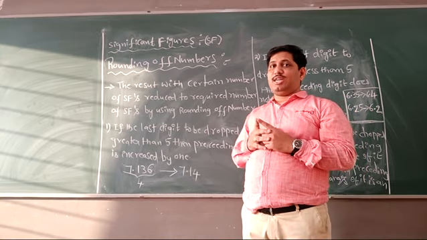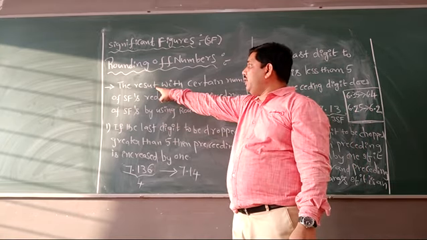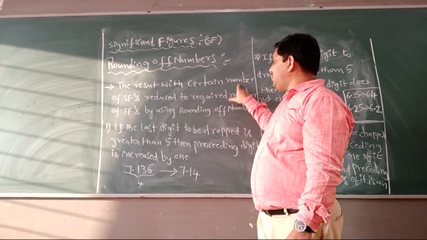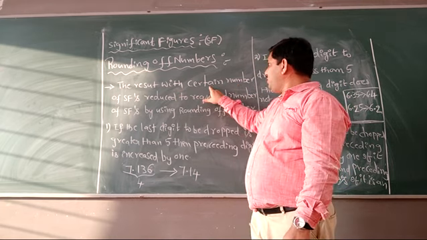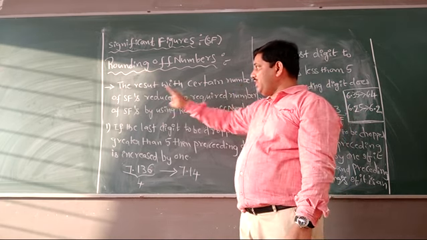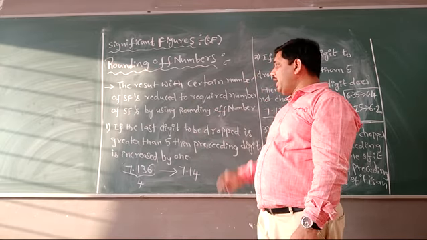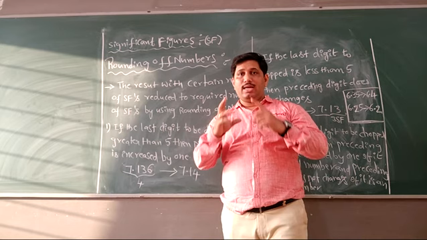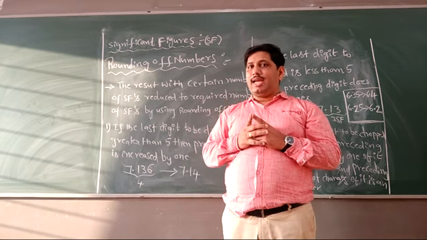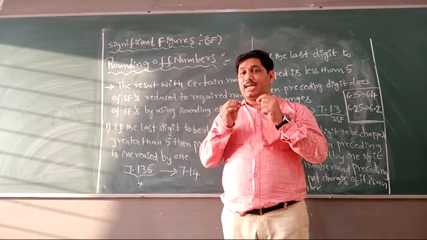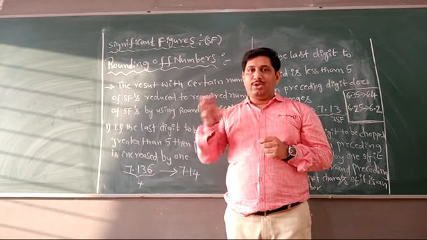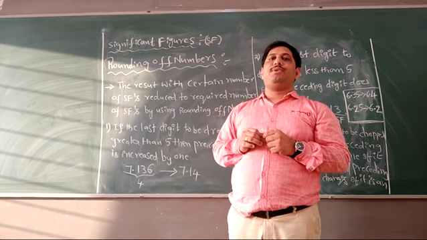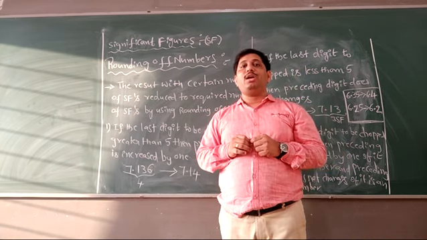Why is this concept introduced? For this purpose: the result with a certain number of significant figures is reduced to the required number of significant figures by using rounding of numbers.